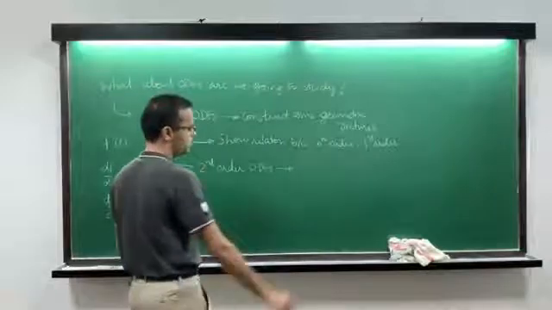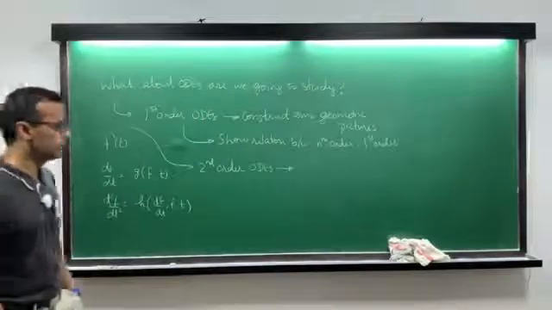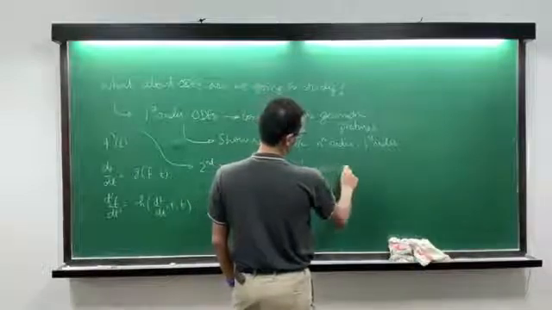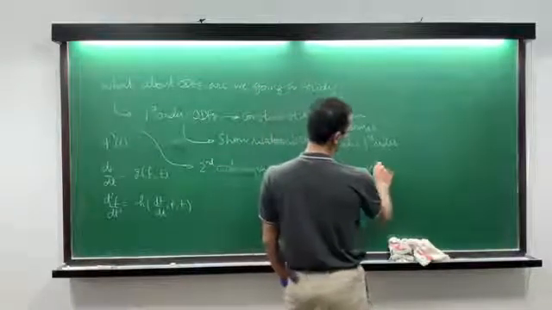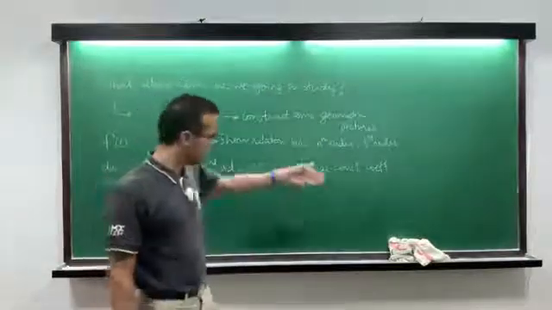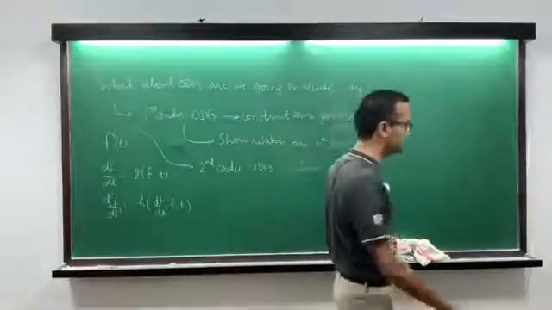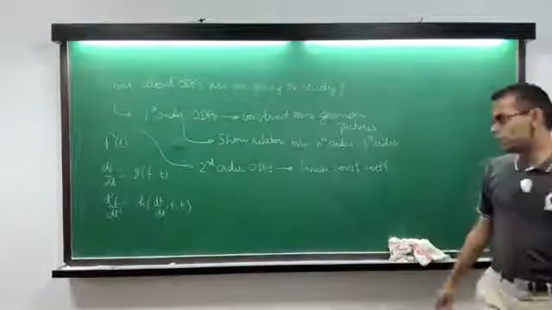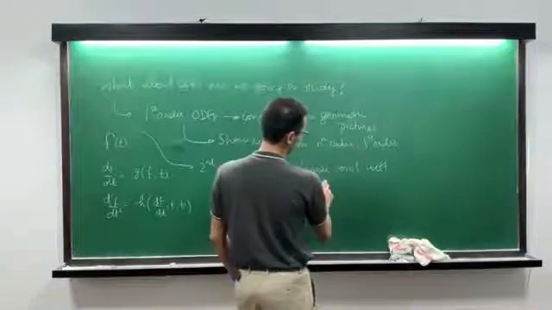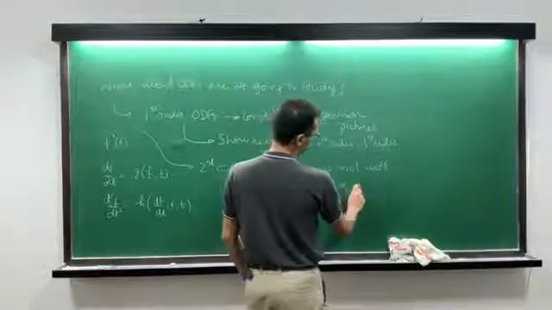And second order ODEs we will do in the following order. We will first look at linear constant coefficients. Again, this is something you have probably seen multiple times before. We'll quickly just work this out and be done with it. Then we will go to linear non-homogeneous.